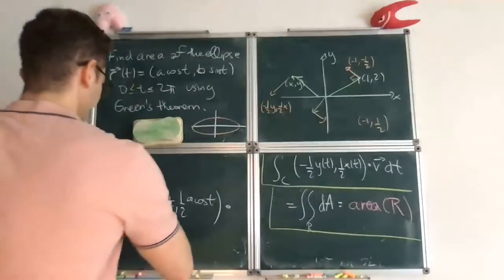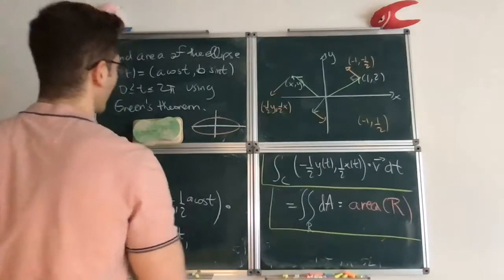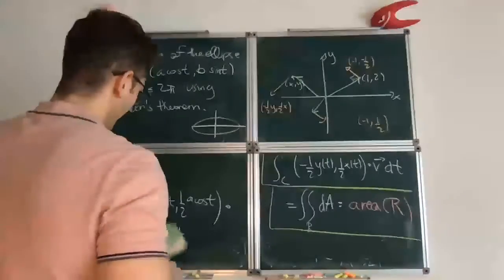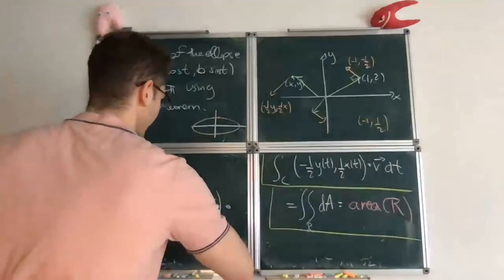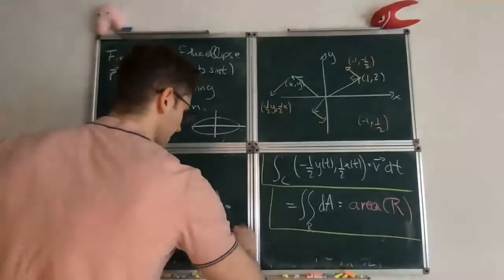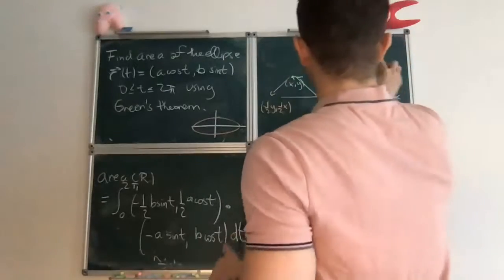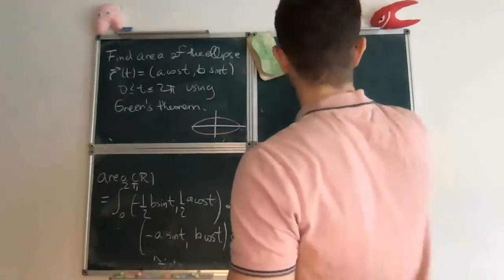The velocity of this vector is minus a sine of t, b cosine of t, dt. And so we have to integrate from 0 to 2 pi.